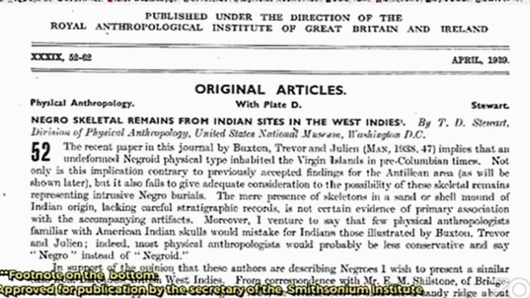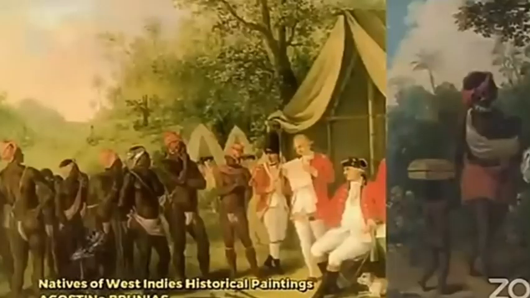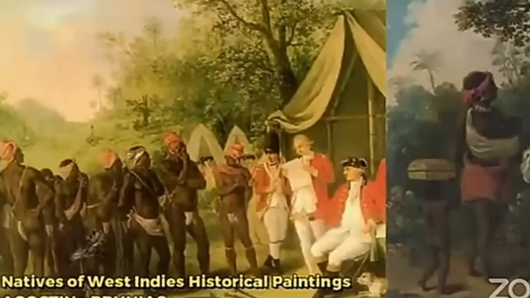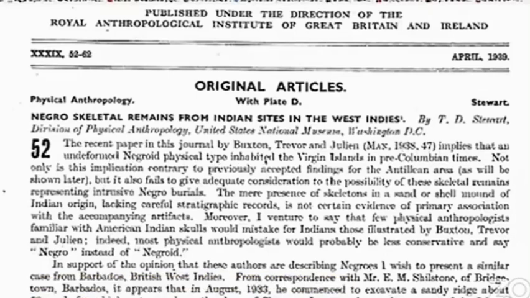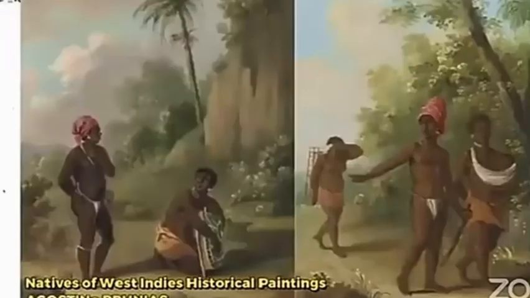It says here, Negro skeletal remains from Indian sites in the West Indies. It says the recent paper in this journal by Buxton, Trevor, and Julian, they're talking about the previous article I mentioned, right? Volume 47, 1938, implies that an undeformed Negroid physical type inhabited the Virgin Islands in pre-Columbian times.